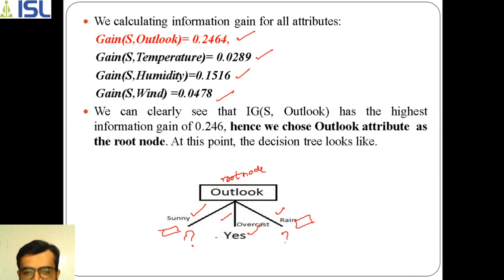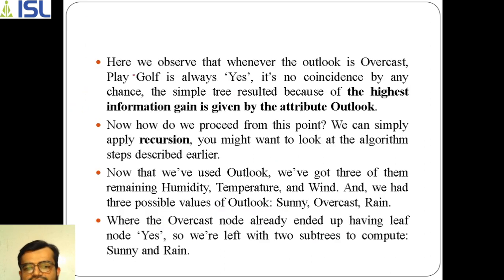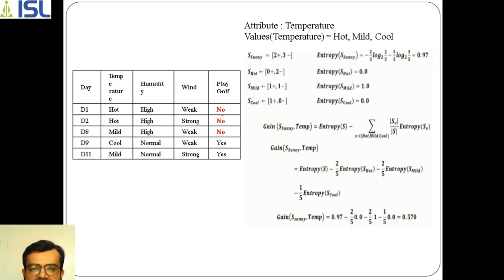So for this, wherever sunny is there we have to consider those items. The same thing which I said, we need to perform recursively for the next time. Because there are sunny, overcast and rain, whatever I explained is the same thing here.